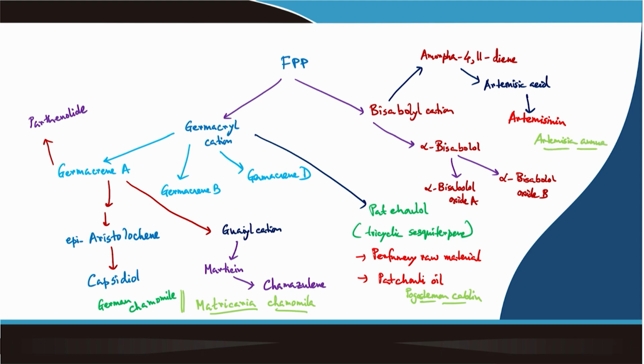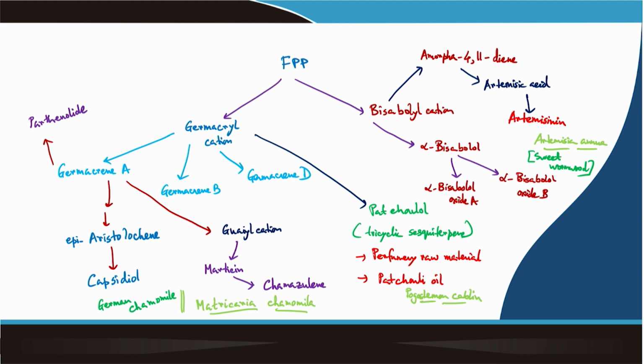Artemisia annua, the English name is sweet wormwood. The Chinese name of artemisinin is Qinghaosu. So, we will not write that, it is so difficult to pronounce.